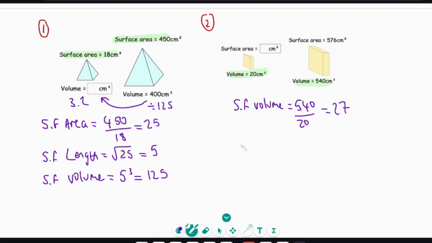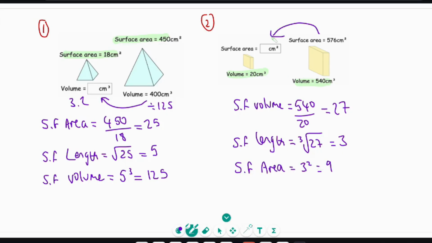Let's go back and find our scale factor for length. So we can cube root the 27, which is 3. But we need the scale factor for area. So we need to square the 3, which gives us 9. Bigger area to smaller area, so divide by scale factor. 576 divided by 9, 64.